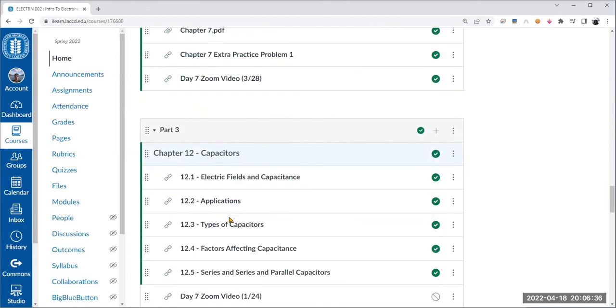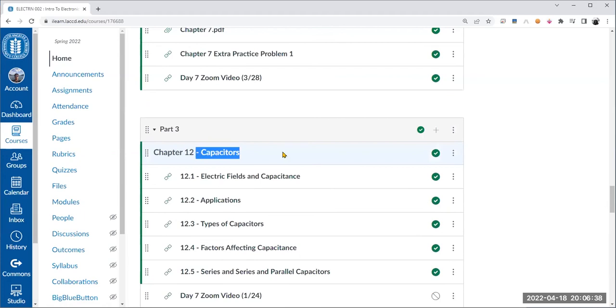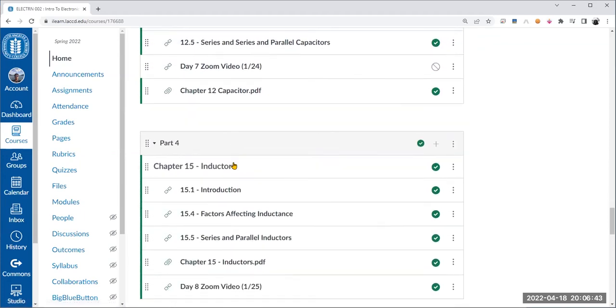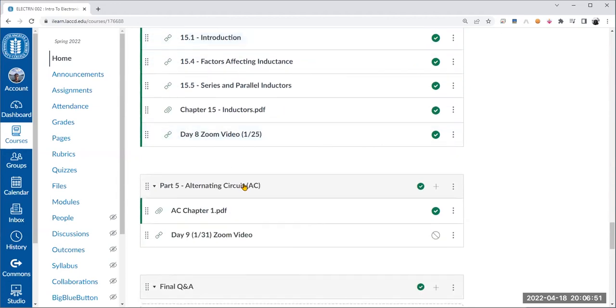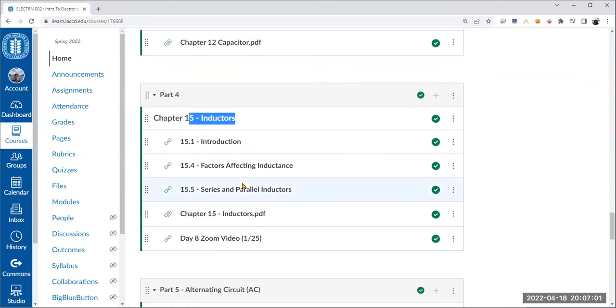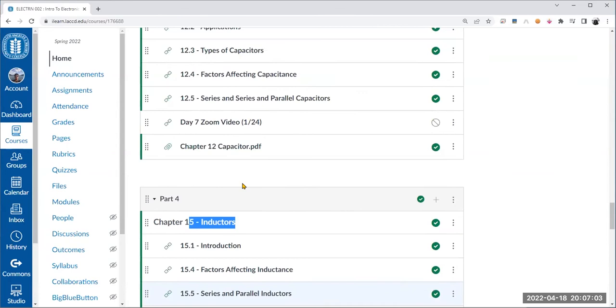Today we cover chapter 12, capacitors. And then next week, we're gonna cover inductors. And after this, we just have one more chapter. This is chapter 1 of the AC book, called alternating current. We do have one more test.